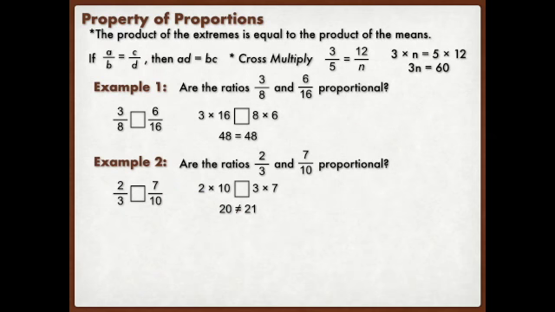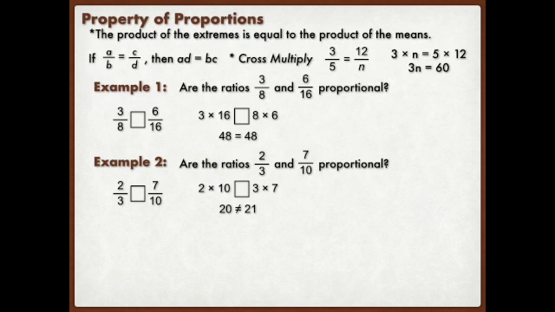So what we focused on in class, if we want to find a missing number, such as n or x, we have to cross multiply. We did this very briefly in class, so let's build on that. The product of the extremes is equal to the product of the means. What does that mean? When I cross multiply, A times D will equal B times C.